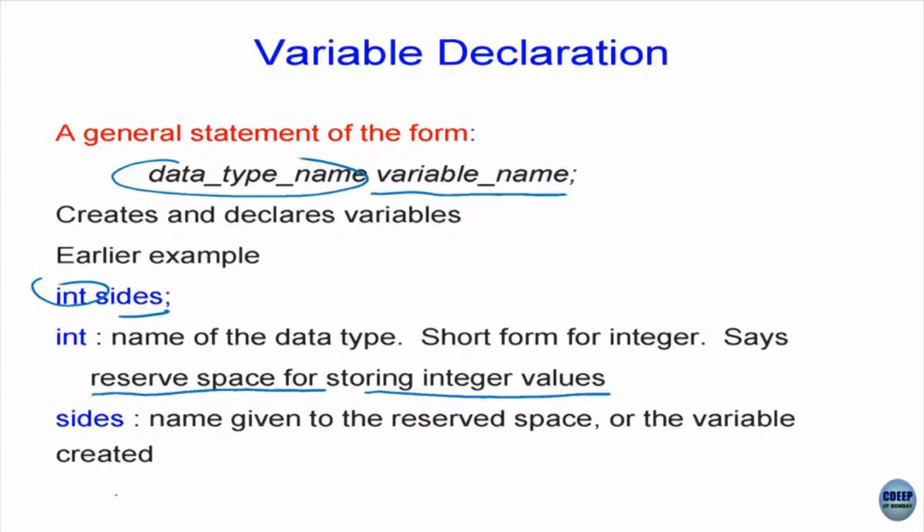So for example, this variable name could be sides here, and the data type name could be int. Int is a short form for integer, and basically what you're saying here is that we have a memory in which I would like you to reserve some space for the variable called sides.